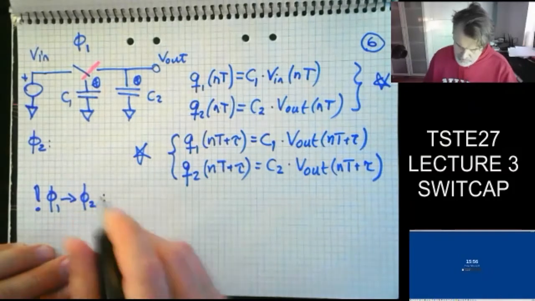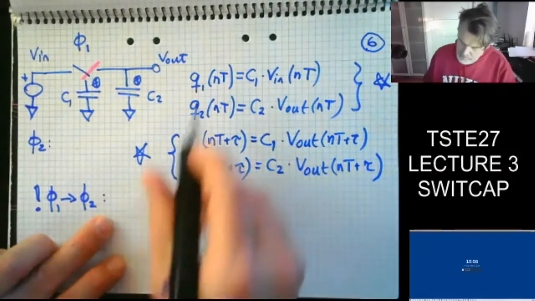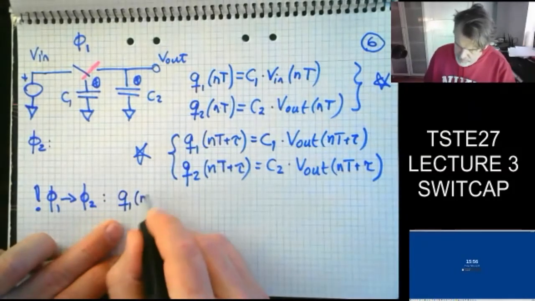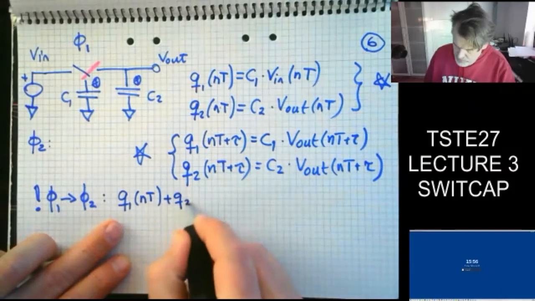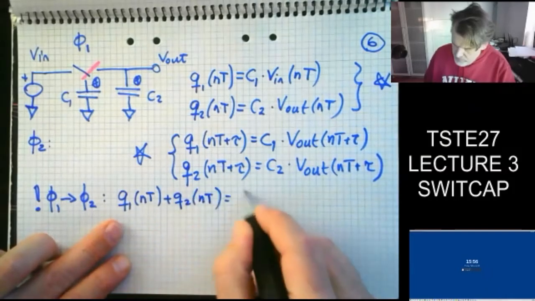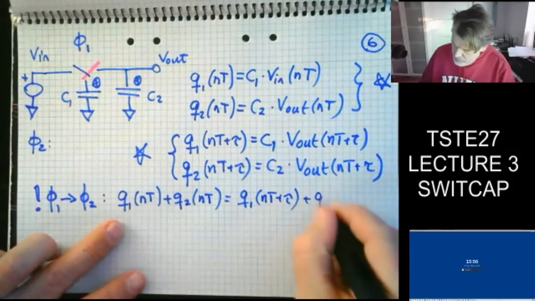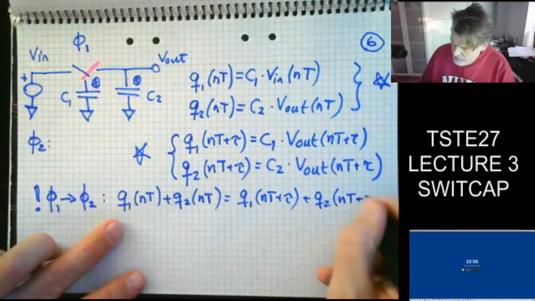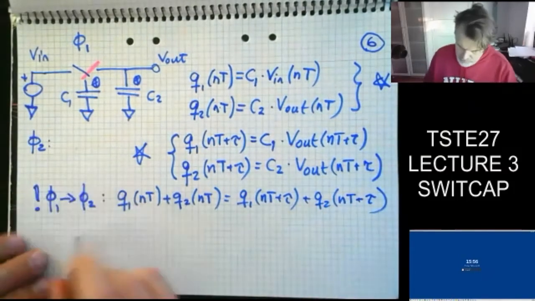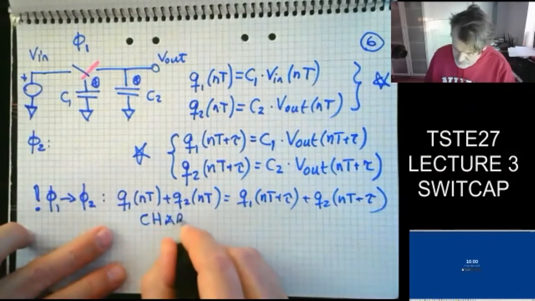So that means that Q1 of nT plus Q2 of nT is equal to Q1 of nT plus tau plus Q2 of nT plus tau. So this is something called charge preservation.